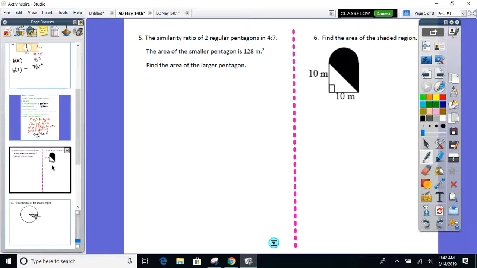I'll ask someone, what's our plan of action here? Okay, this is what we covered yesterday. Similarity is 4 to 7. Area of one of them is 128. What's the area of the larger one? Can I please hear the ratio you would set up for this?